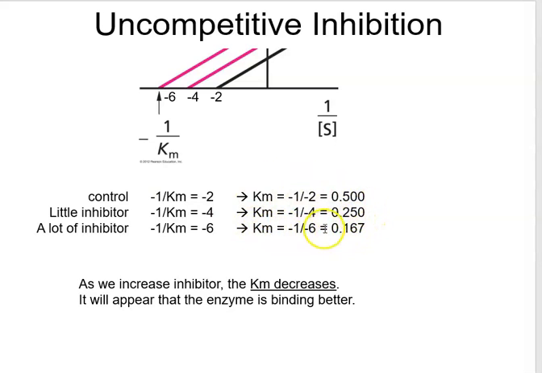So with this uncompetitive inhibitor, it looks like the apparent Km value is decreasing with increased inhibitor, which would suggest that the binding is getting better, but we're adding an inhibitor, so that doesn't really make sense. The Vmax is also changing while we're doing this.